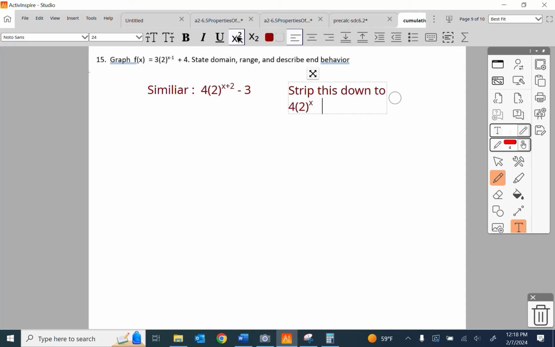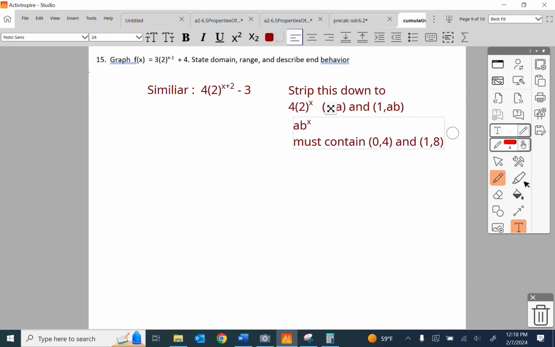And I know that 4 times 2 to the x must contain the point 0, a and 1, ab. Has to contain it. And by the way, I'm doing this because that's literally ab to the x. So I must contain 0, 4, because a is 4, and 1, 4 times 2, 8.